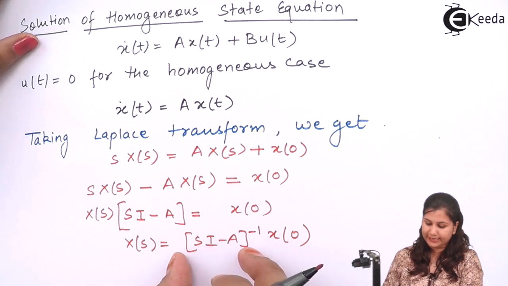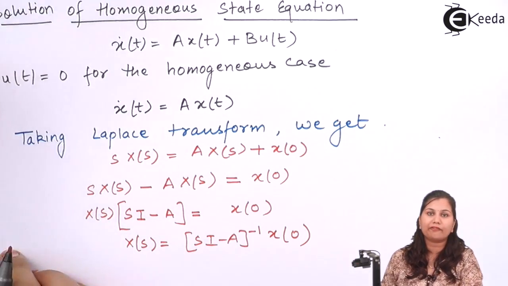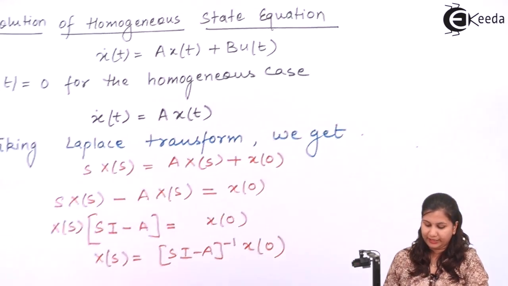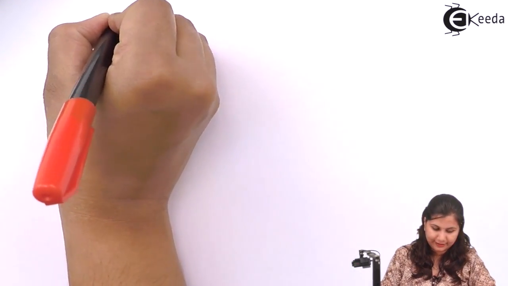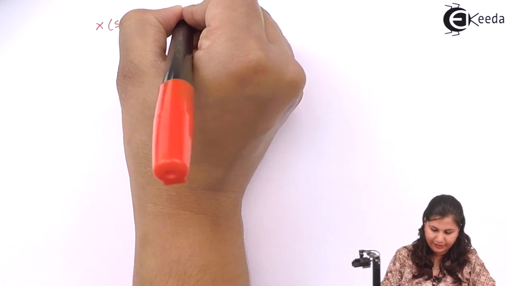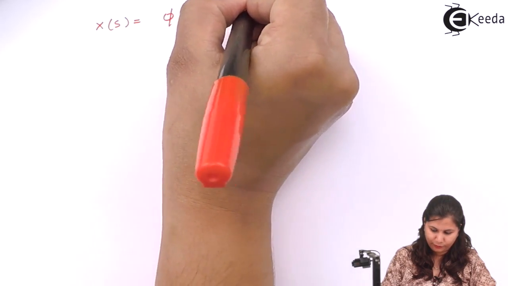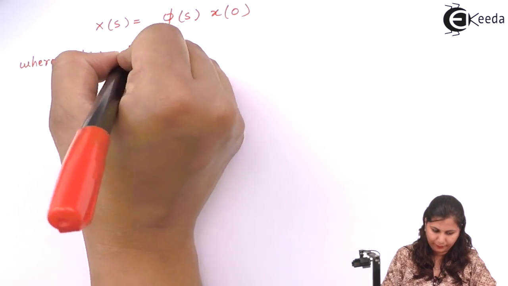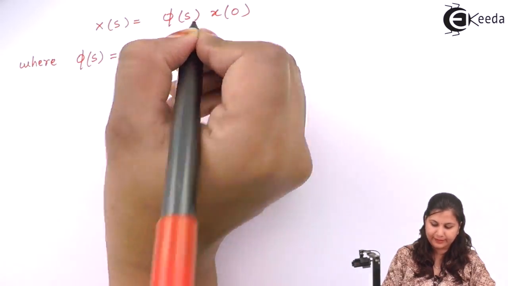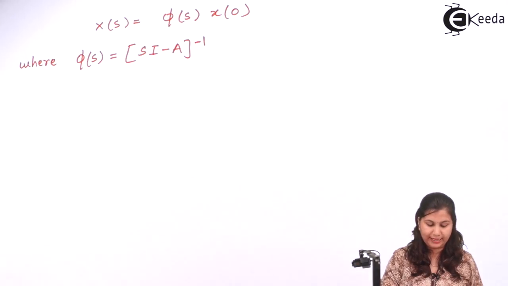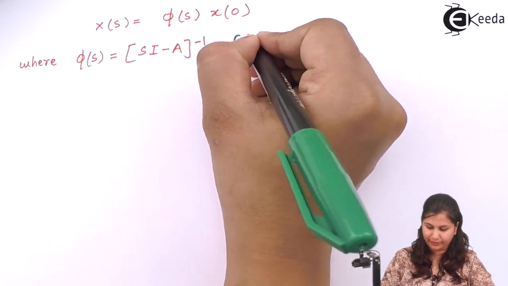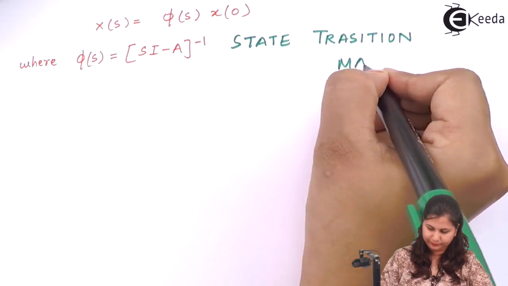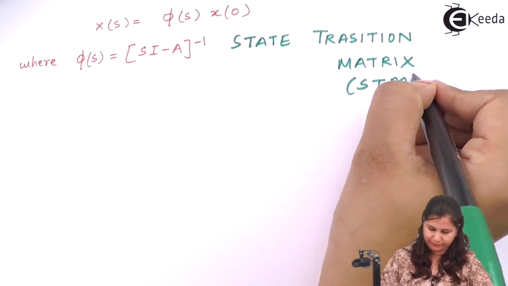Now this (sI minus A) inverse is phi s. Phi s is the state transition matrix. So we can say X(s) is equal to phi s x0, where phi s is (sI minus A) inverse and it is known as the state transition matrix, also STM.